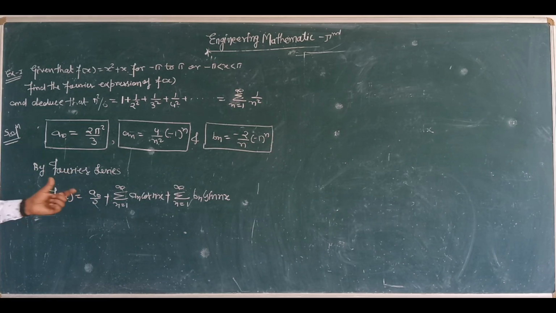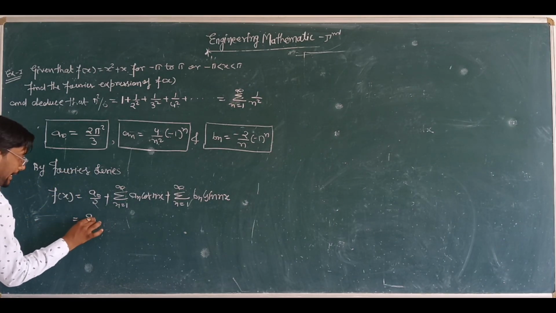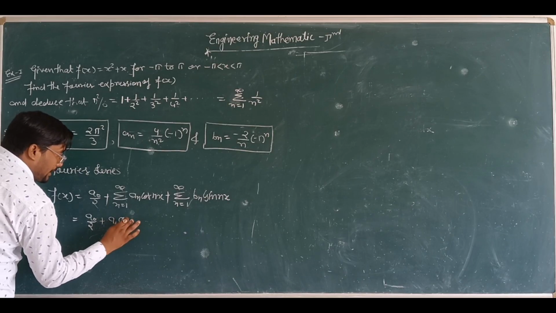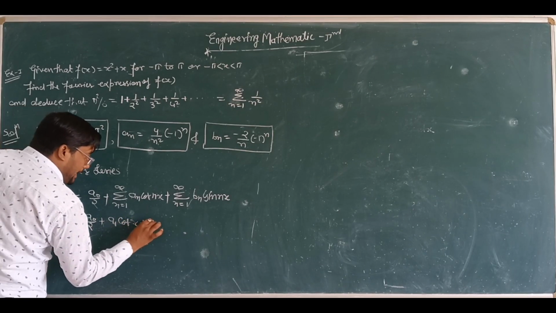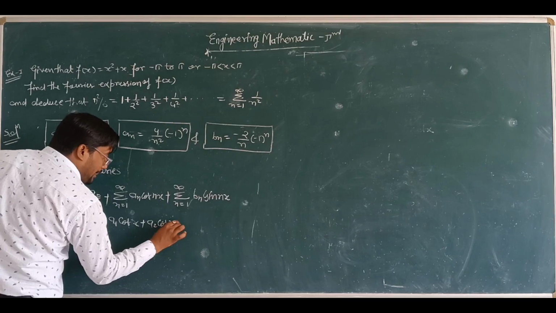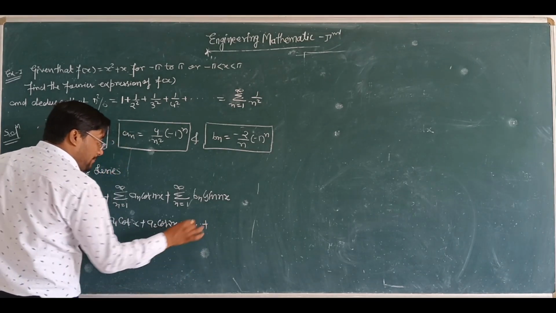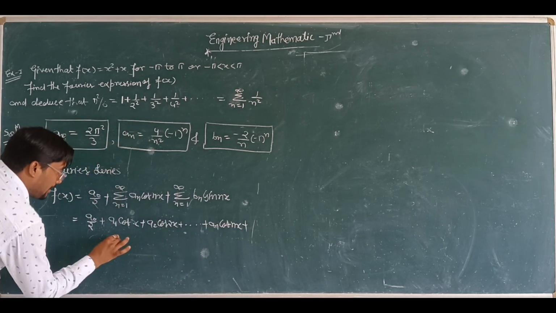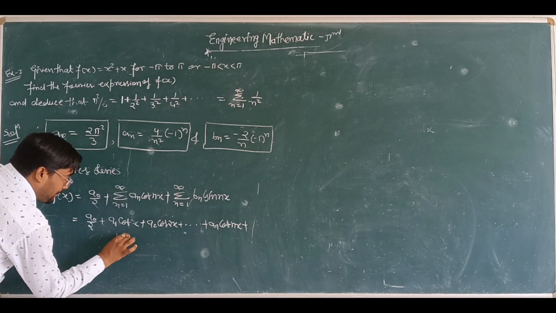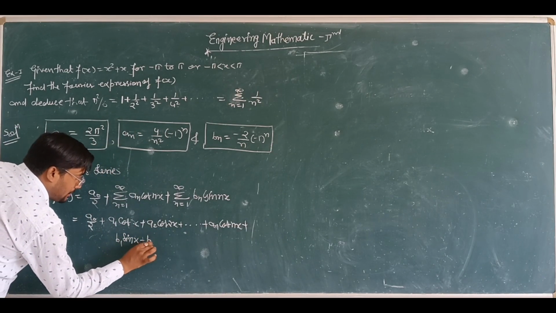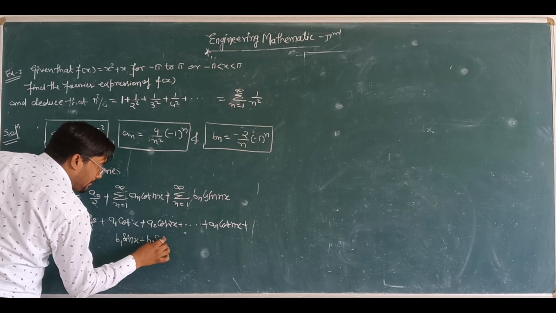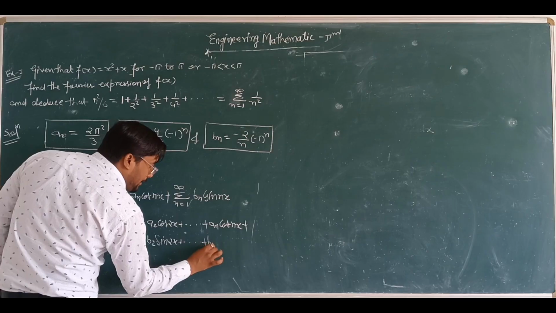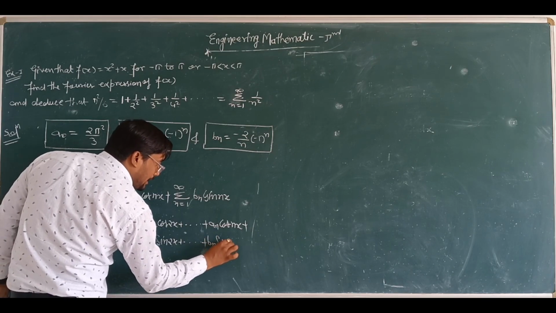Now put the value of all, or you can also write a0 by 2 plus a1 cos x plus a2 cos 2x and so on plus an cos nx plus b1 sin x plus b2 sin 2x plus and so on plus bn sin nx.